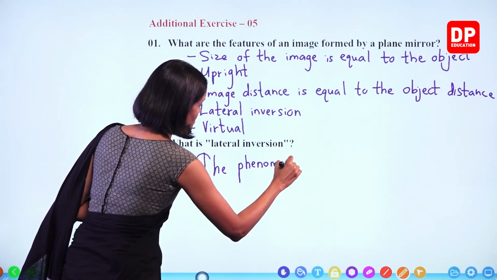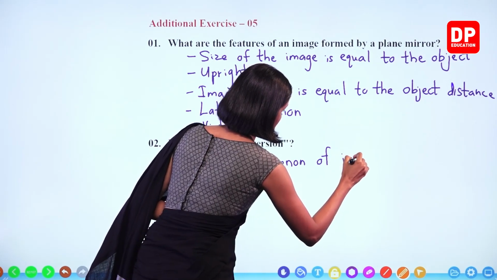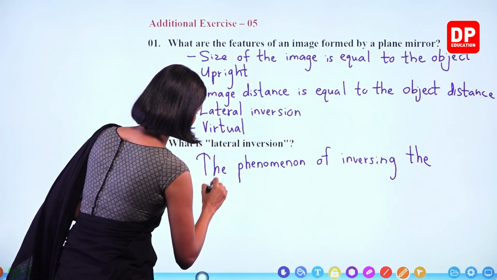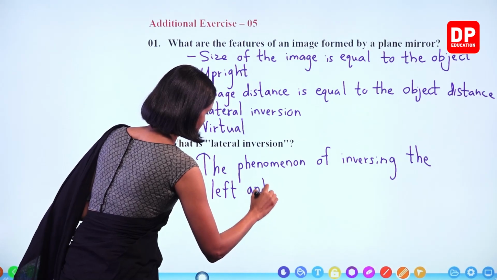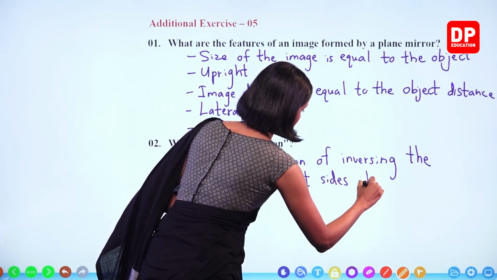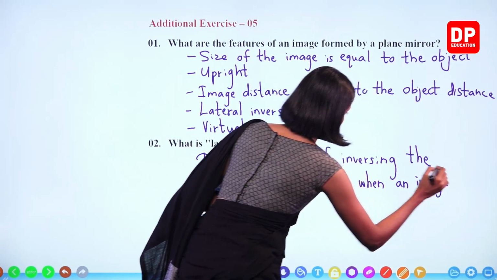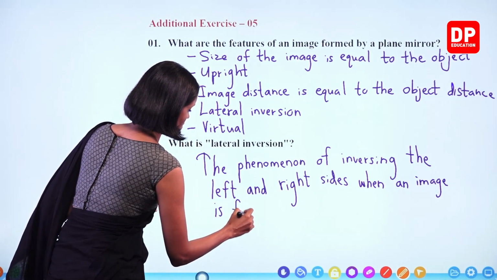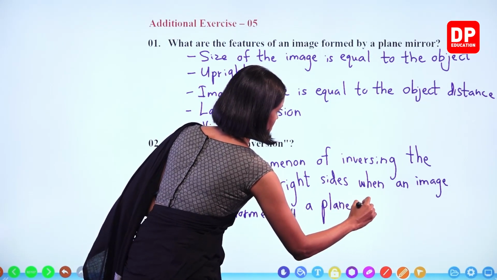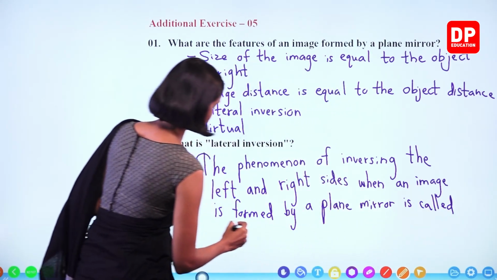The phenomenon of inversing the left and right sides when an image is formed by a plane mirror is called lateral inversion.